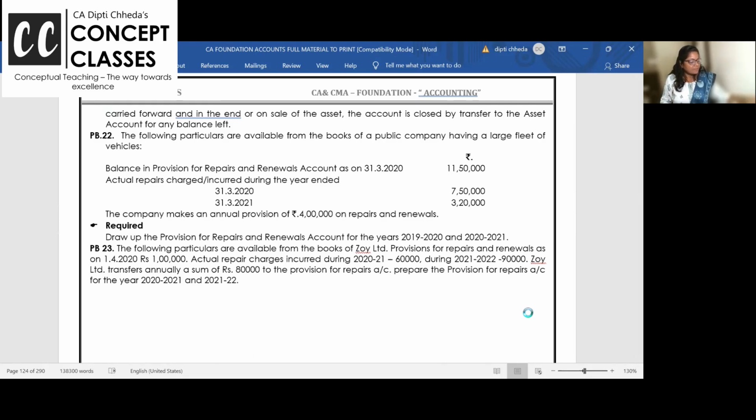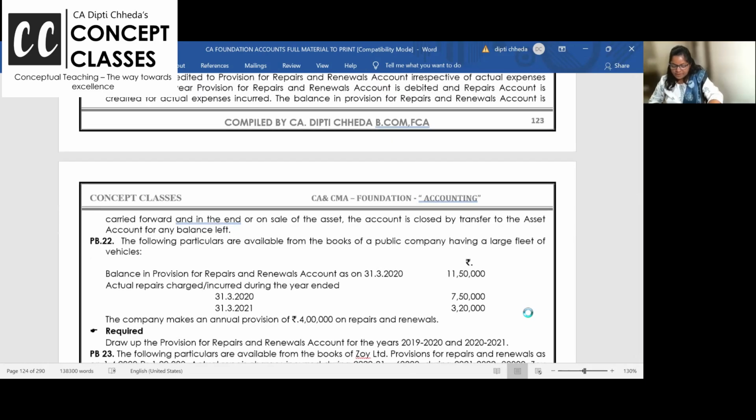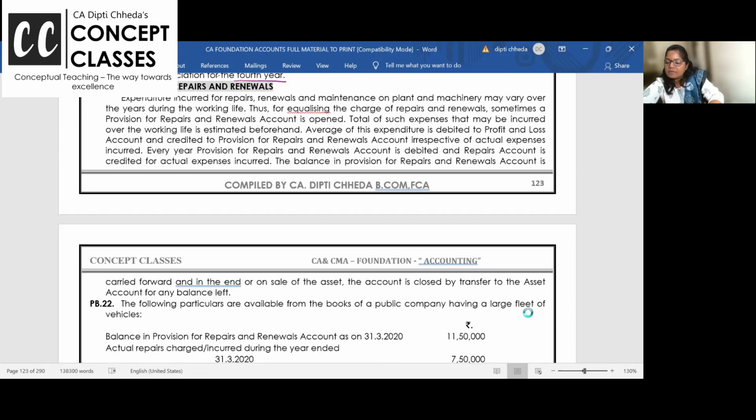One second. Just read this concept para, how we are going to charge the provision and the depreciation.